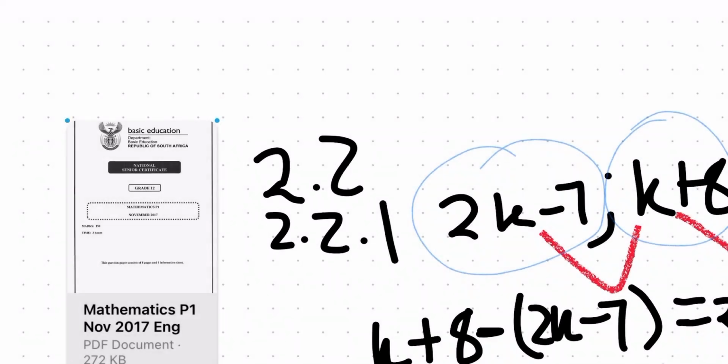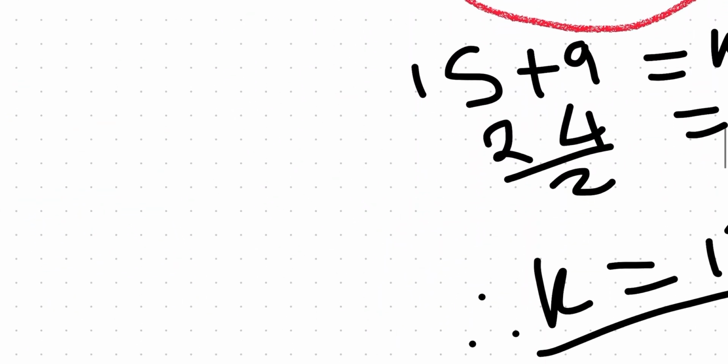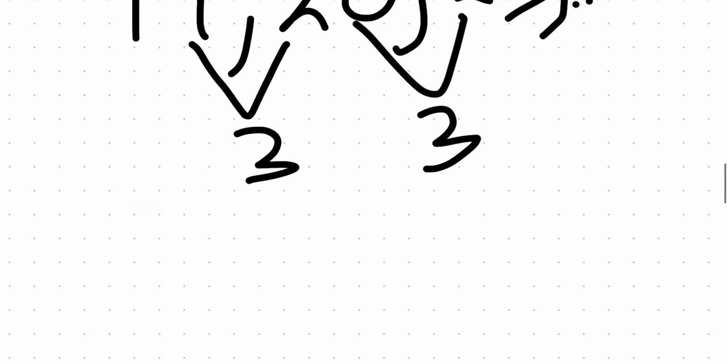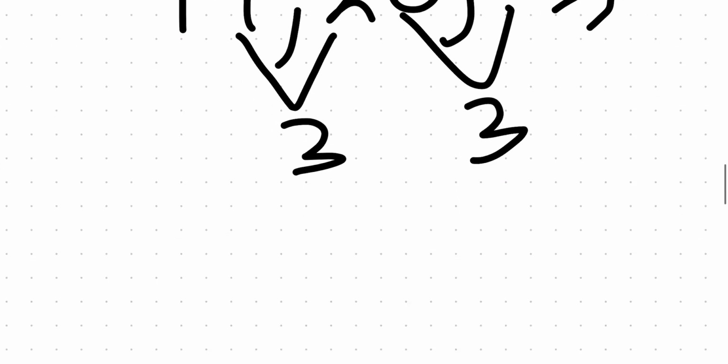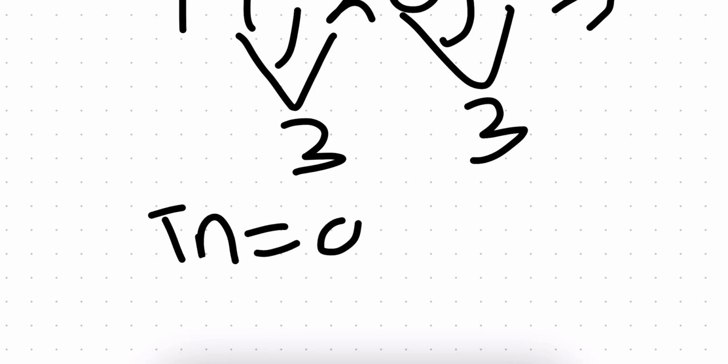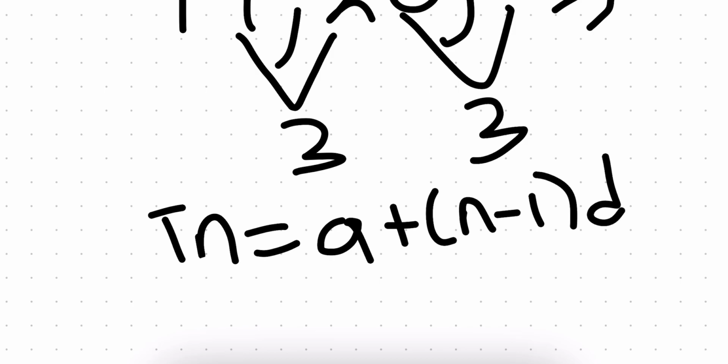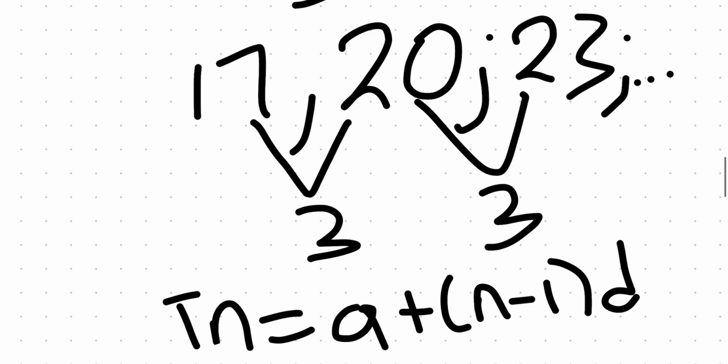Okay, cool. Then you go back to your original problem. You literally say my Tn is equal to a plus n minus 1 into d. What's your value of a? Your a is the first term of the sequence. So it's literally this guy over here. And your d is the common difference.